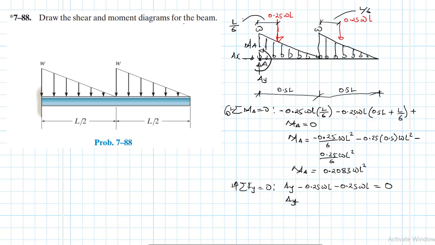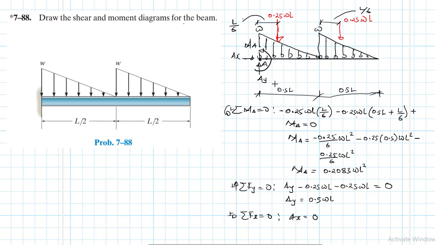So AY is going to be equal to 0.5WL. And then summation of forces in the x direction equal to 0. In this direction we expect AX to be equal to 0.